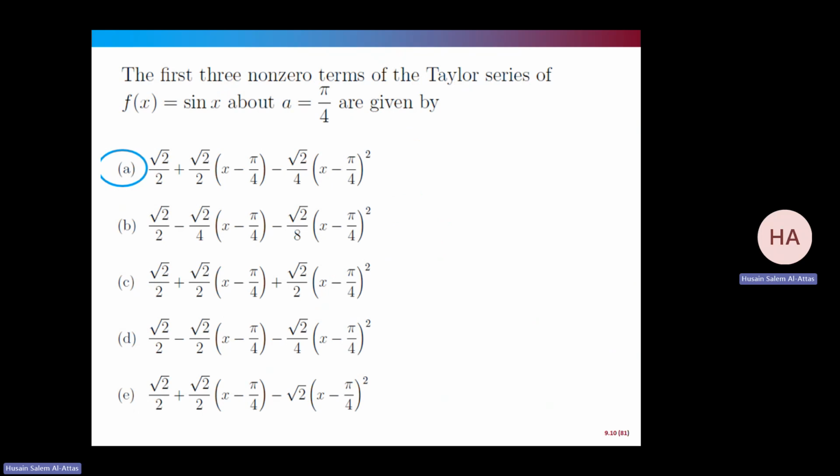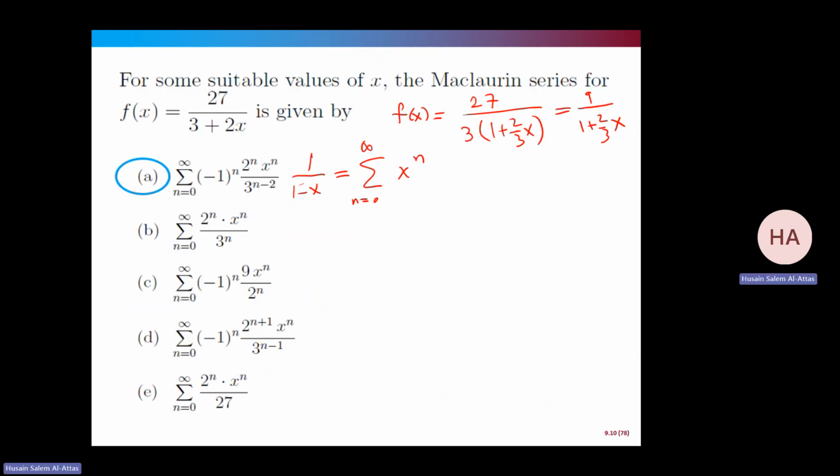Let me go back. So I have 1 over 1 plus x. That I need minus 1 to the power n, where I make x minus x. Okay. Now, I have this one, 1 over 1 plus 2 over 3x. Let me see with 9.